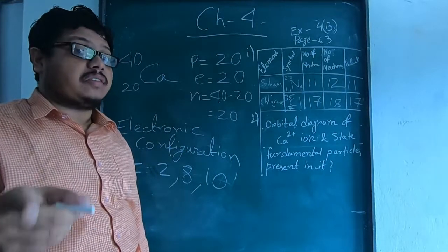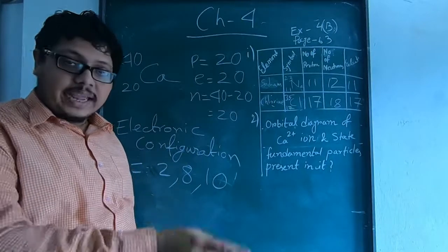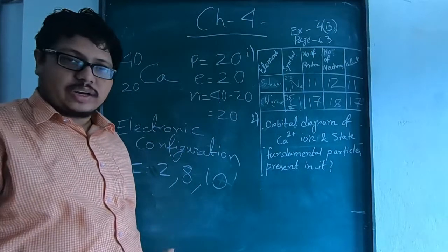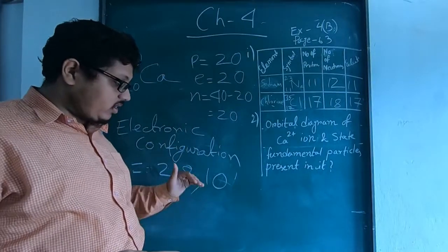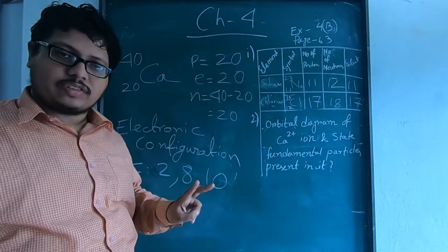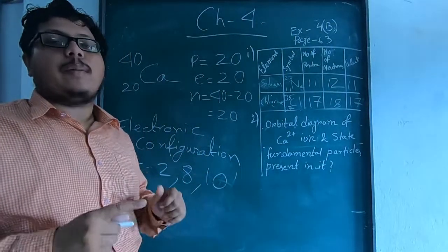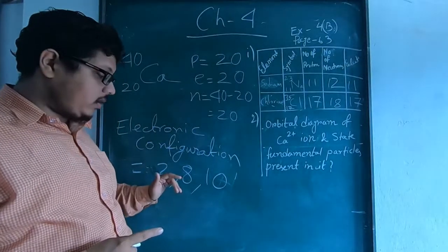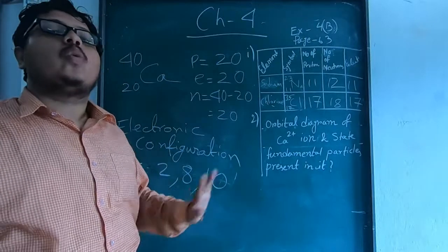Remember, in the last class I discussed that the last shell cannot have more than 8. Remember, 8 in the last shell means an octet. That was the second rule of electronic configuration. The first was the 2n square rule, which tells us the maximum number that we can put. But if it exceeds 8 in the last shell, we cannot put it.